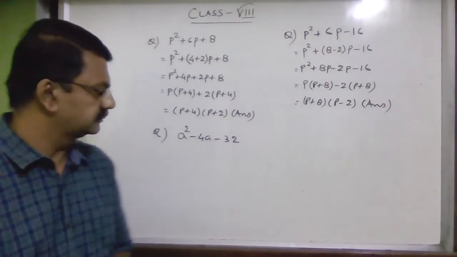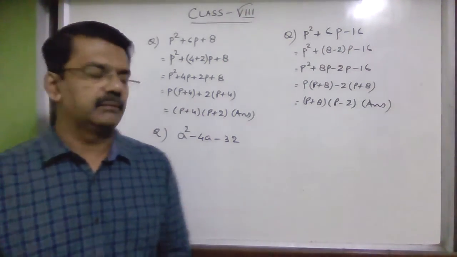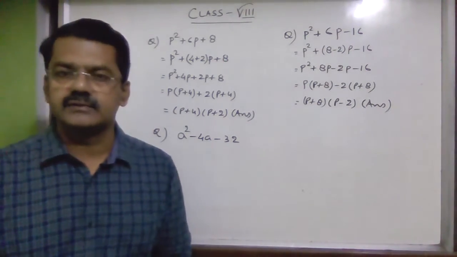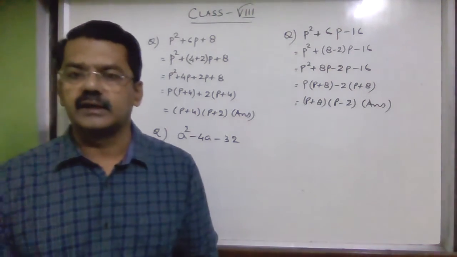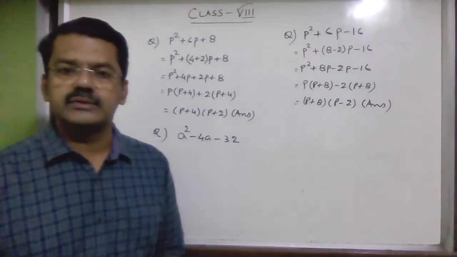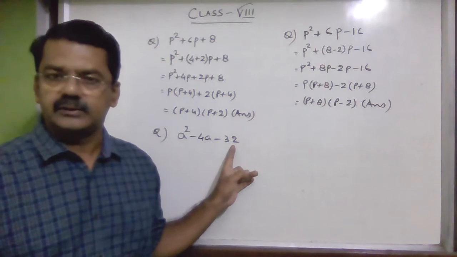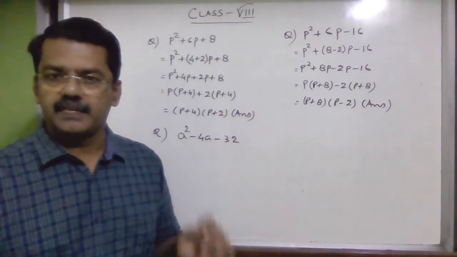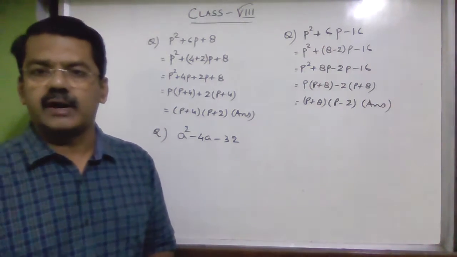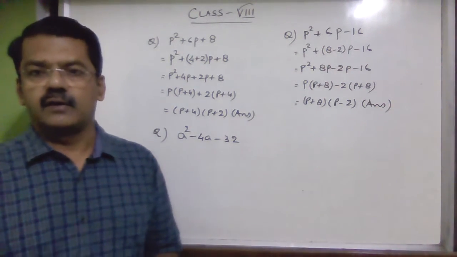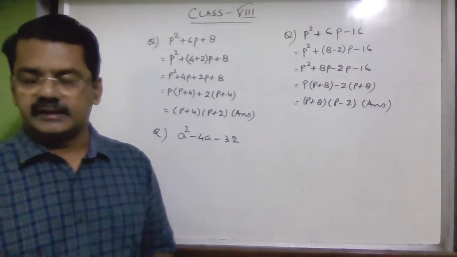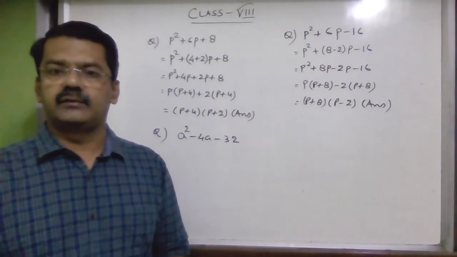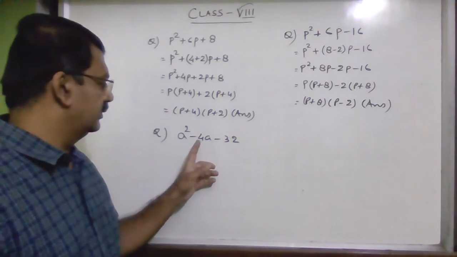The next question is a square minus 4a minus 32. Here the constant is 32 and the sign in front of it is minus. So you have to think of two numbers which when multiplied give you 32 and when subtracted give you 4.